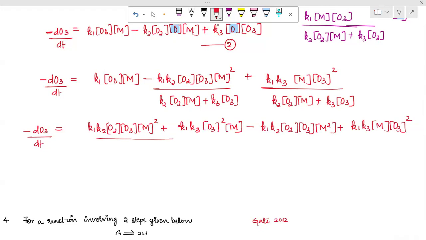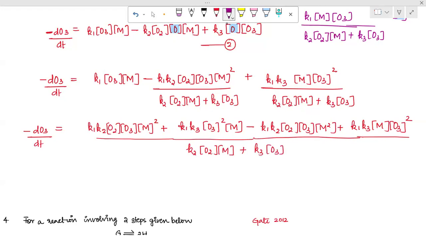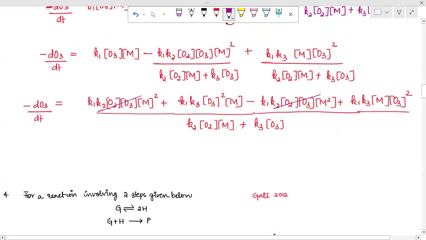The whole divided by, now you have a common denominator, which is K2 O2 M plus K3 O3. Now if you check the terms, the first and the third terms are the positive and negative of the same value. The second and the fourth term are the same.